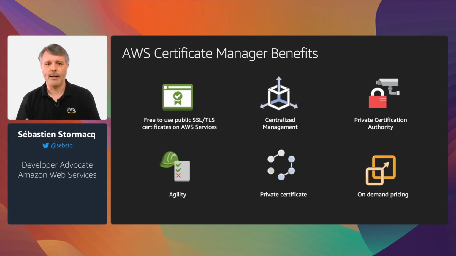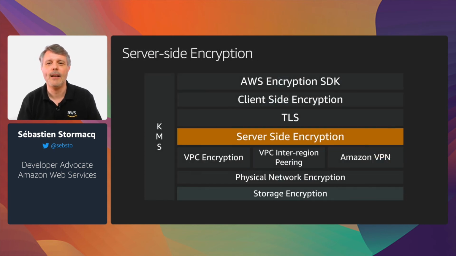So you can use Certificate Manager private certificate authority to manage private certificates within your organization. Once again, it's controlled. You control the access to Certificate Manager through IAM, so you can have fine-grained policies about what application, what user, what roles can access, manage, delete, and revoke certificates, and you can audit these accesses through CloudTrail.